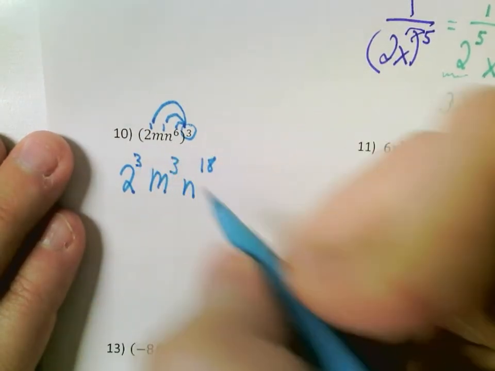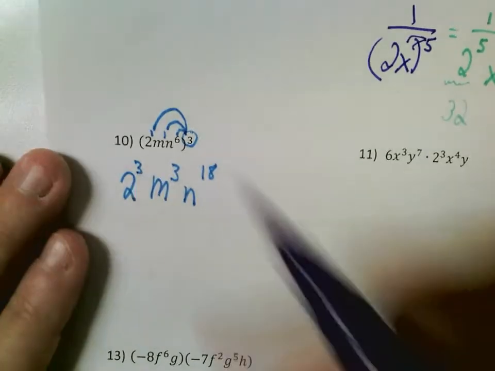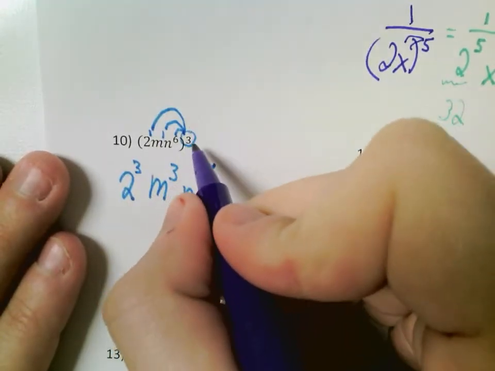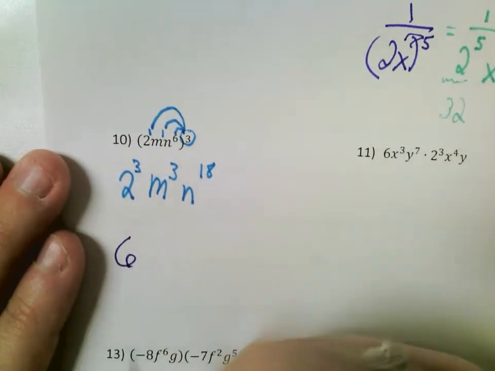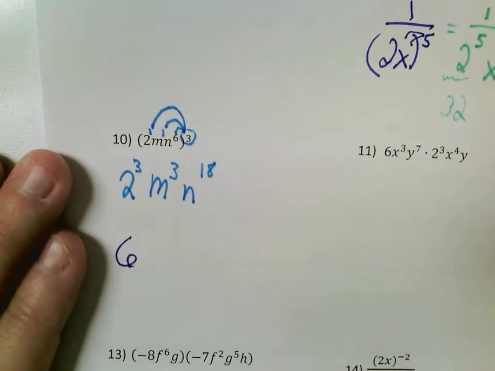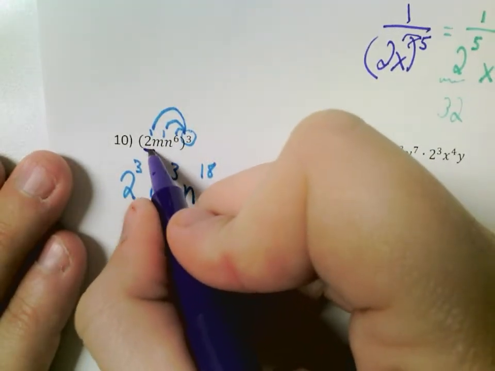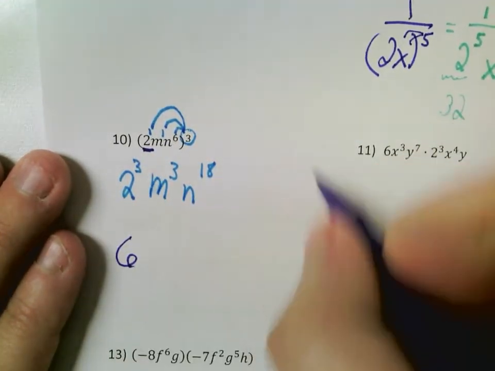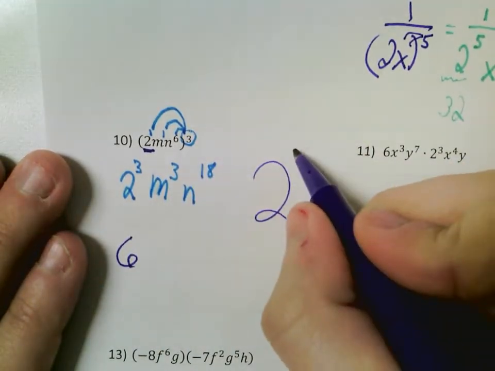Now, some caution that I offer here. Another thing that I quite frequently see people doing is they're like, okay, I know that the 3 is supposed to go to the 2, so 3 times 2 gives me 6, right? Makes sense. However, I would like to remind you that 2 is a big number, right? And it's a very big number. 3, on the other hand, is very teeny weeny.